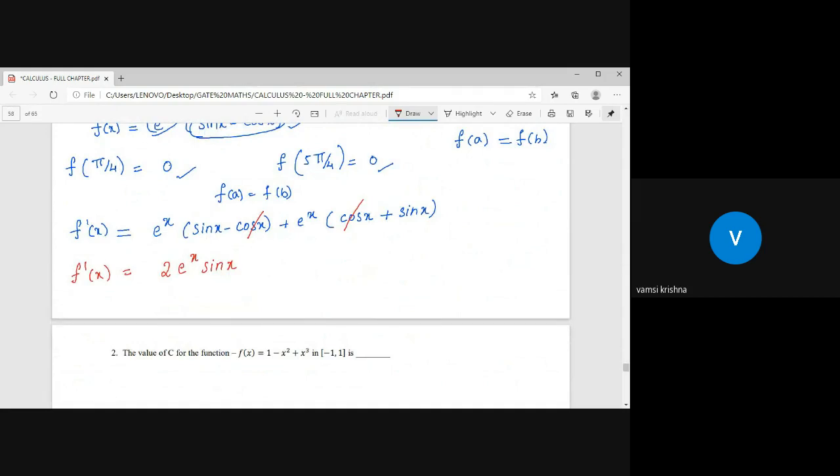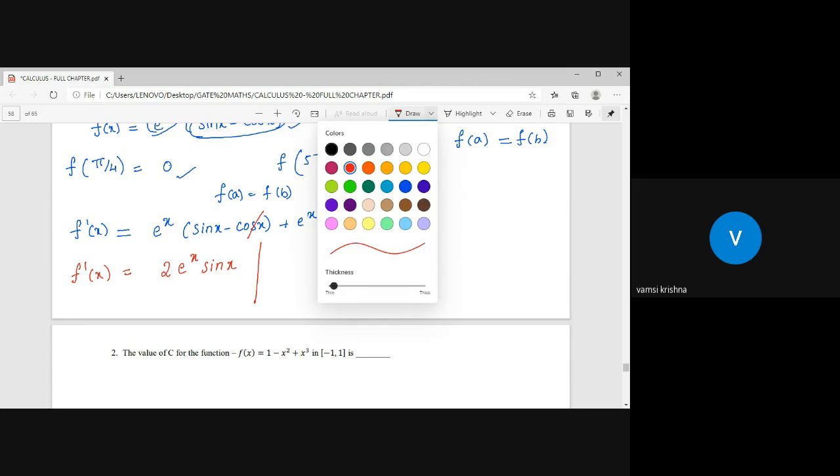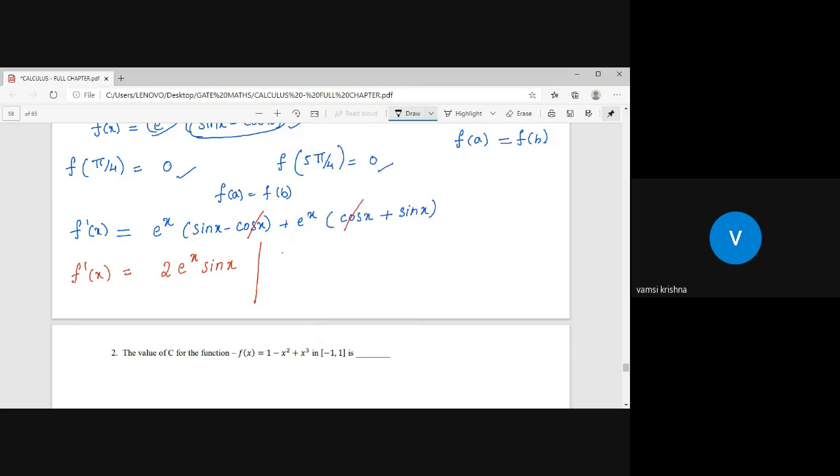So let us take f dash of c is equal to 0. Let me take some space here. Sir, f dash of c is equal to 0 means in place of x, let us substitute c. E power c into sine c is equal to 0.